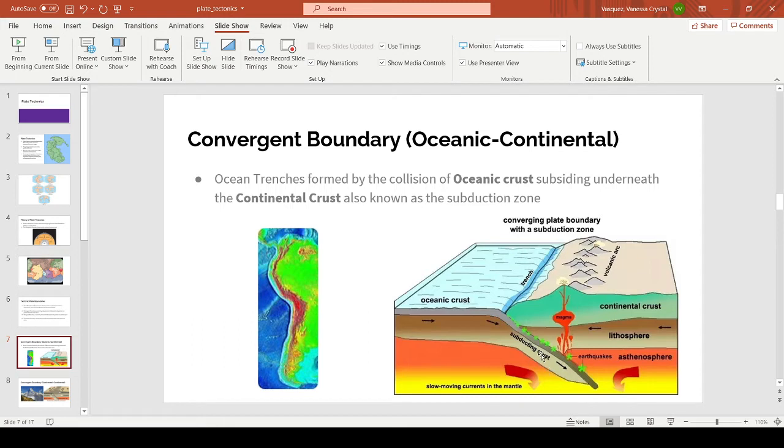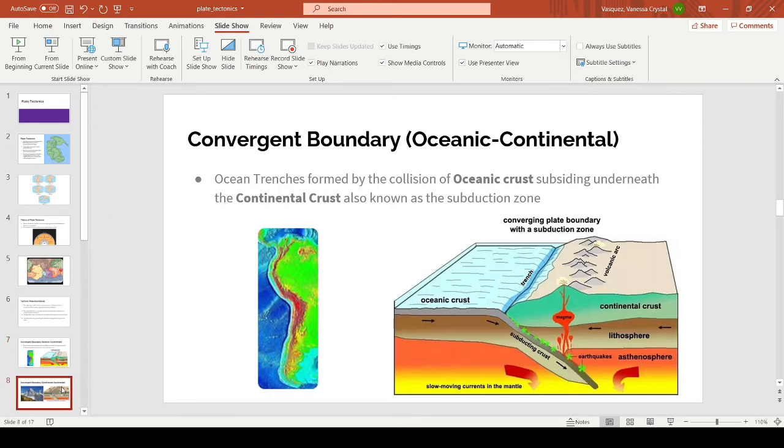Another feature that you'll find in a convergent boundary is a trench in the ocean. An example of the oceanic to continental crust is in South America, the Andes Mountains. This is showing you the volcanic arc found on the continent.